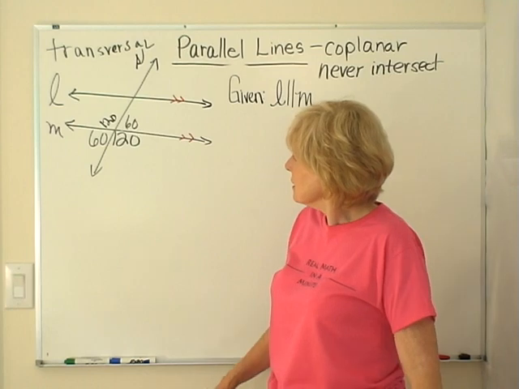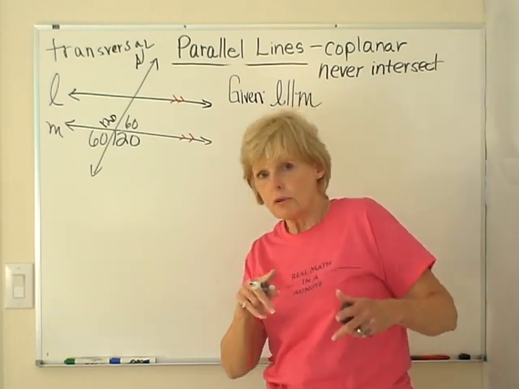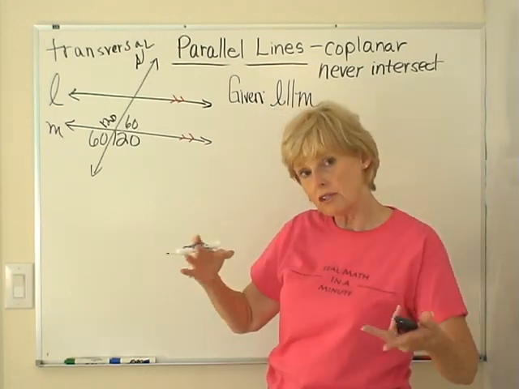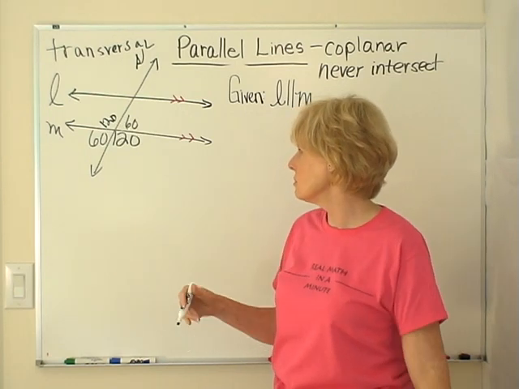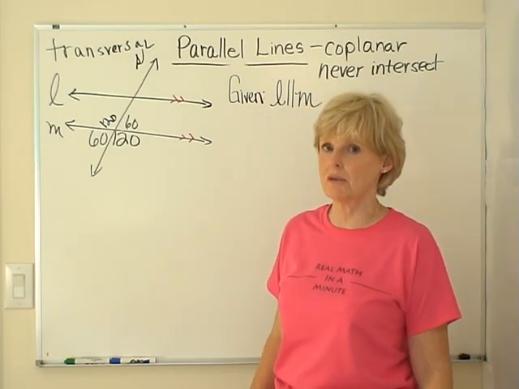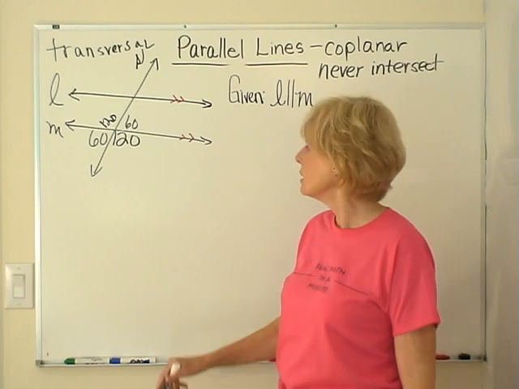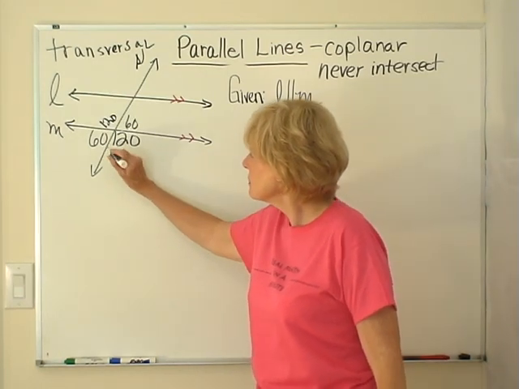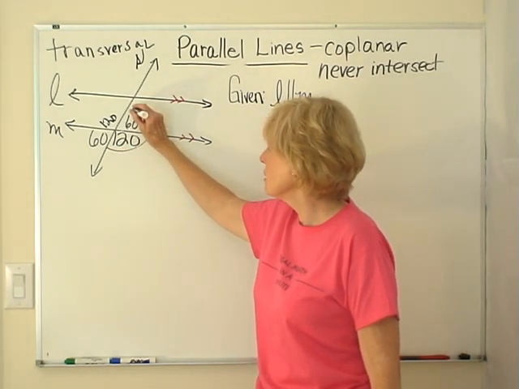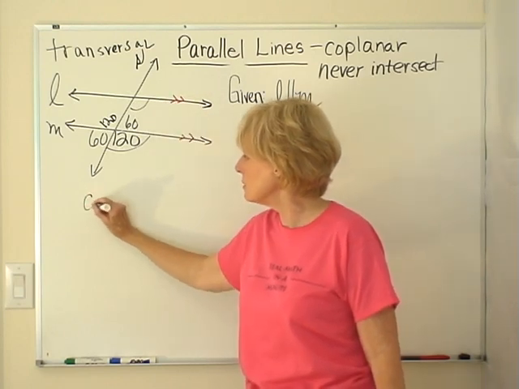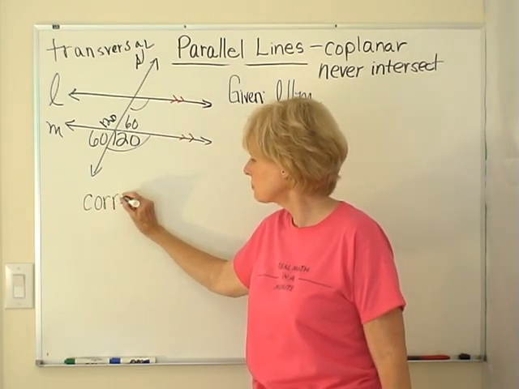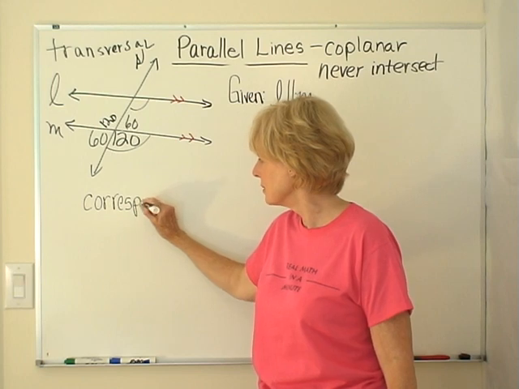Okay? Now here's the good part. Here's the part that is a little bit new for us, but it's a wonderful thing to have because it helps us do so many other things, and that is this. This angle right here and this angle are called corresponding angles. It's just their name.